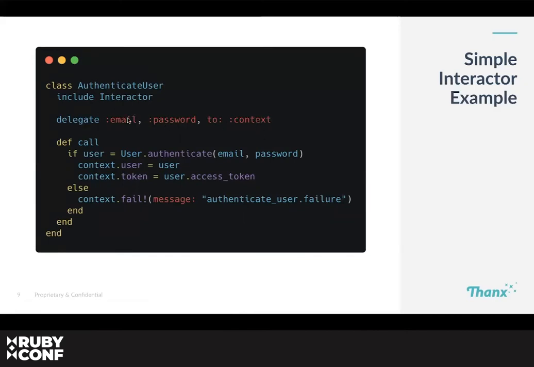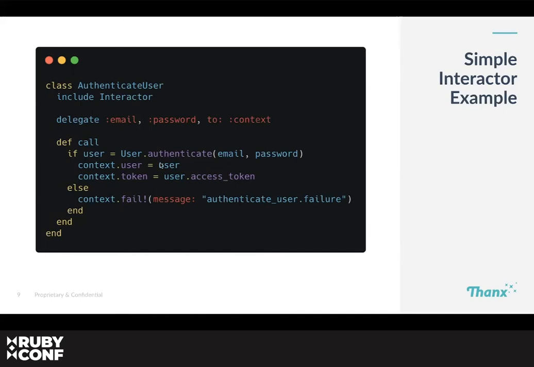We delegate those methods, email and password, to context, so that email and password are effectively context.email and context.password, but this is nice syntactical sugar to tell the future developers what is actually expected to be found on the context. And if you use Sorbet type checking or YARD doc for documentation, that's another way of doing it.